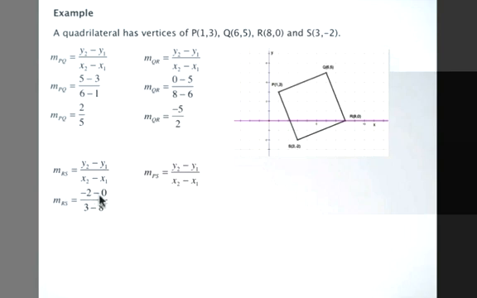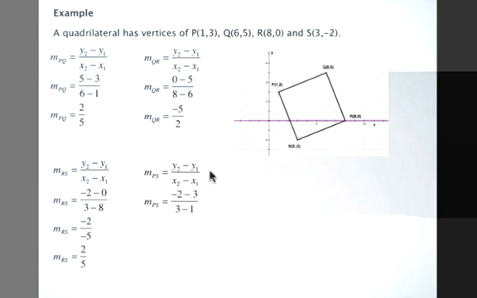RS, negative 2 minus 0 over 3 minus 8 gives us a slope of negative 2 over negative 5, which is equal to 2 over 5 since negative divided by negative is positive. So the slope of RS is 2 over 5.